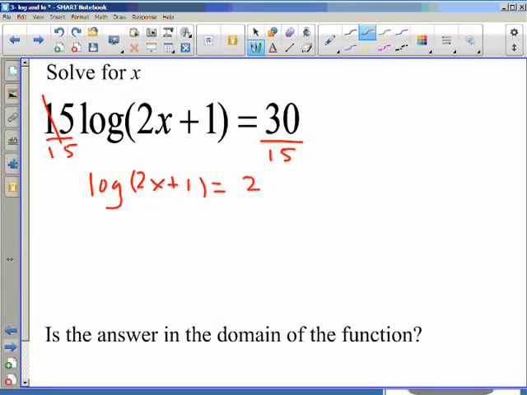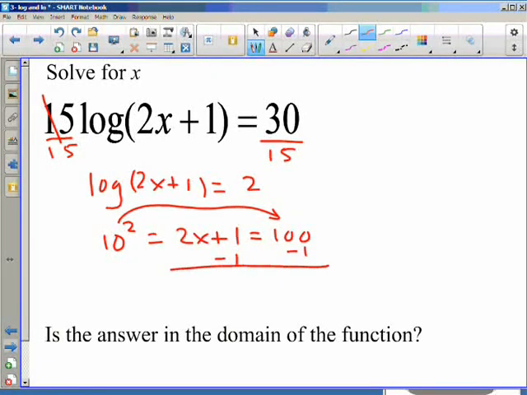And then what we're saying here is 10 to what power? 10 to the 2 equals our argument, 2x plus 1. And then it turns into a pretty straightforward algebra problem. Well, we know 10 squared is just 100. We'll subtract 1 and divide by 2. We'll get x equals 99 over 2.